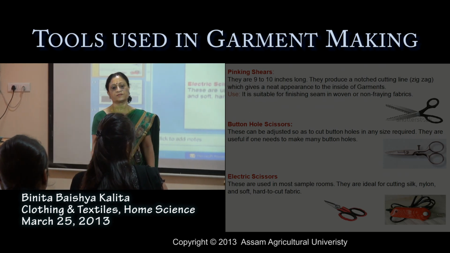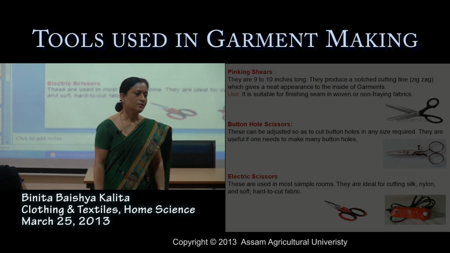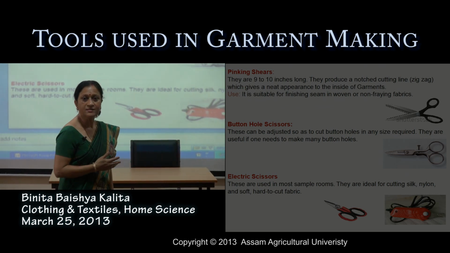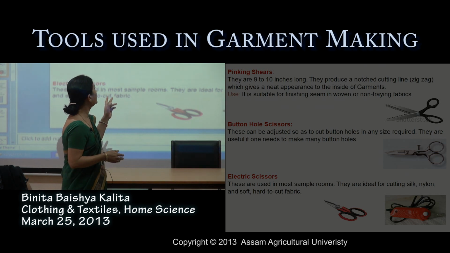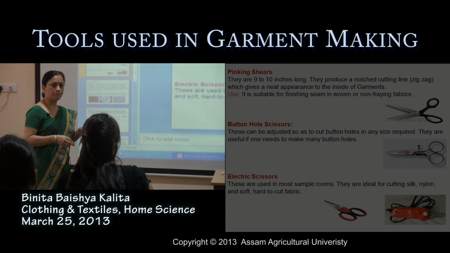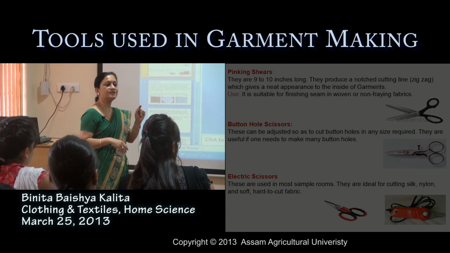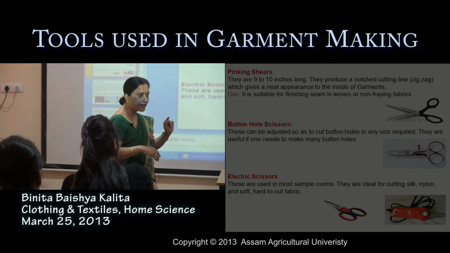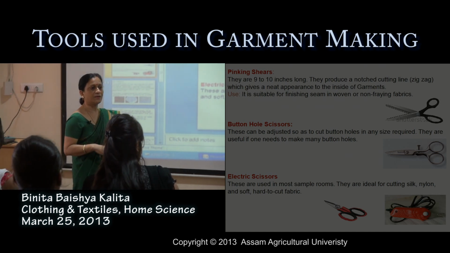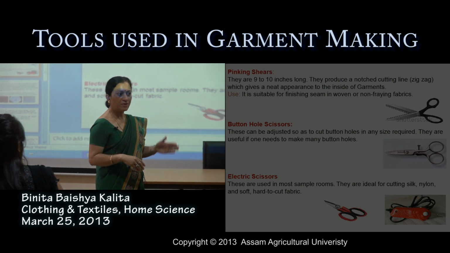These shears are used mainly for finishing the seam after making it. The pinking shears have two blades with a zigzag edge, and when you cut the fabric, you will get the same zigzag design in your material.